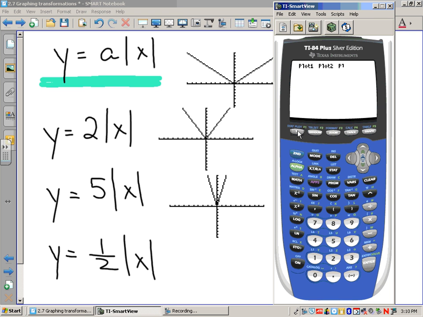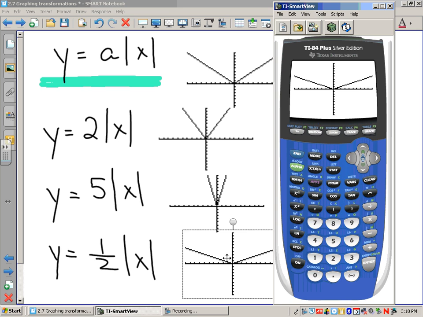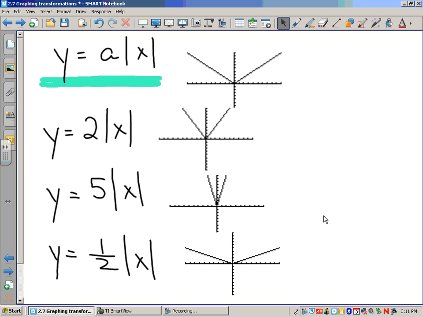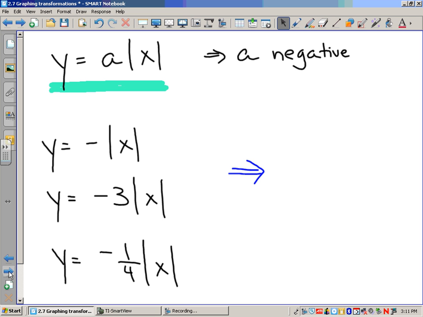If I put 0.5, which is a half, times the absolute value of x, it's become wider. That actually deals with slope. If you look, you went up 2 over 1, up 2 over 1. Here you're going up 5 over 1. Here you're going up 1 over 2. So the number out in front is like the slope.